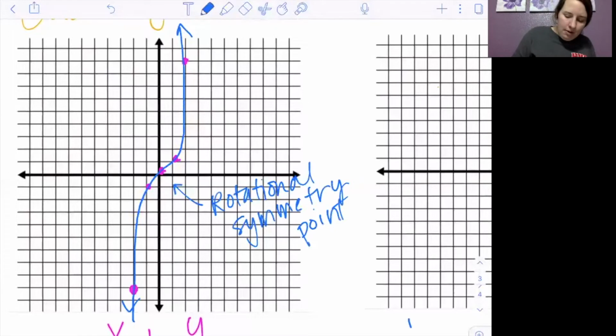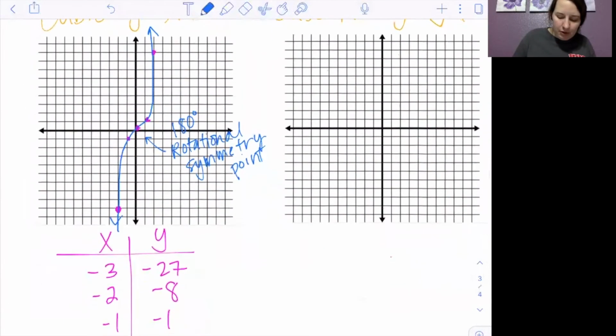Even more precisely, we could call it the 180-degree rotational symmetry point, meaning I'm going to spin this graph 180 degrees and it's going to look exactly the same as it does right now. We would spin it the other 180 degrees and we would be in a full circle. For this particular parent function, that occurs at the origin. Notice that I also have a domain and a range of all real numbers.